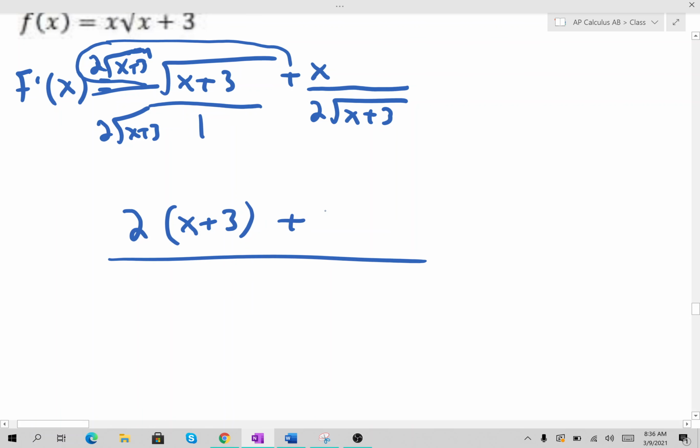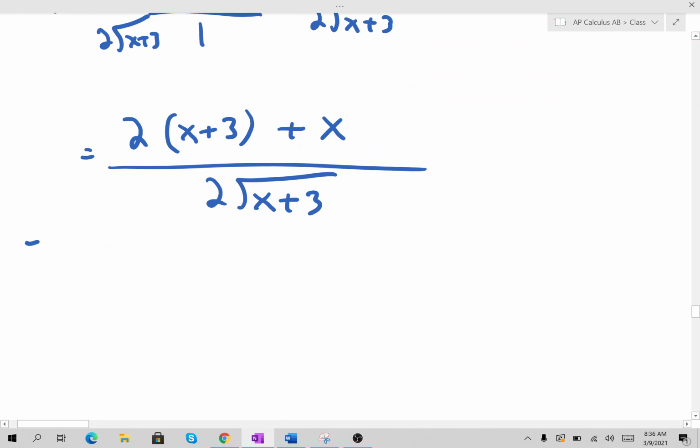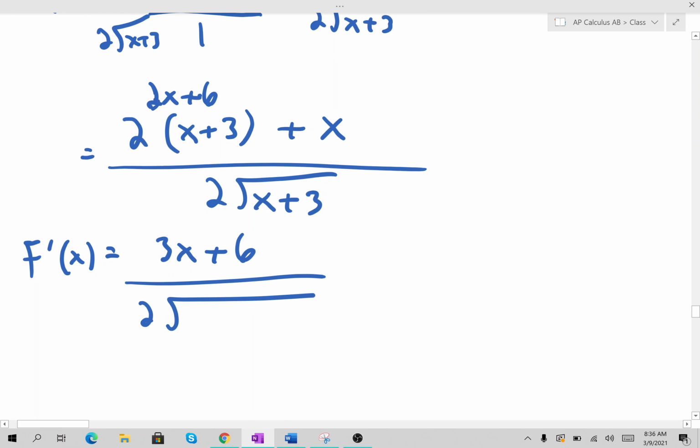Plus this other x, because now we have a common denominator, which is 2 root x plus 3. So f prime simplifies really nicely. This is 2x plus 6 here, so it's going to be 3x plus 6 over 2 root x plus 3.